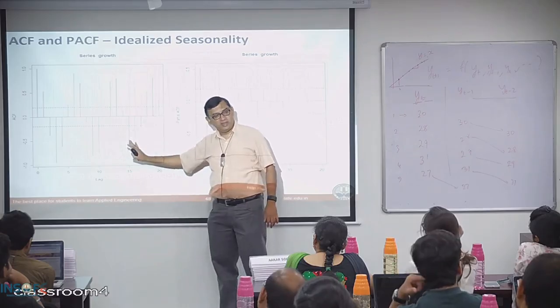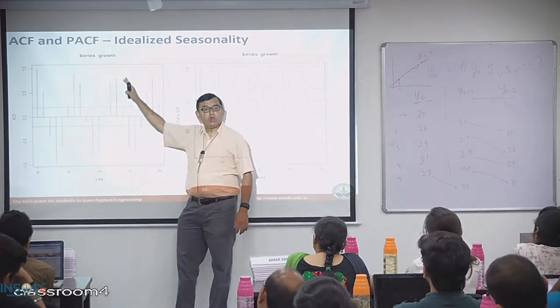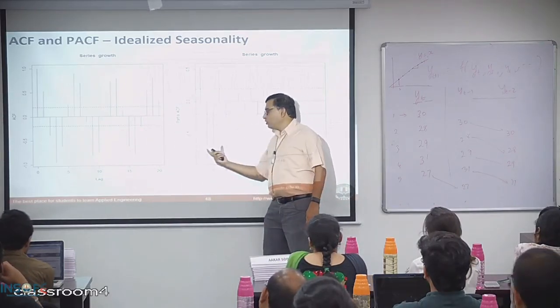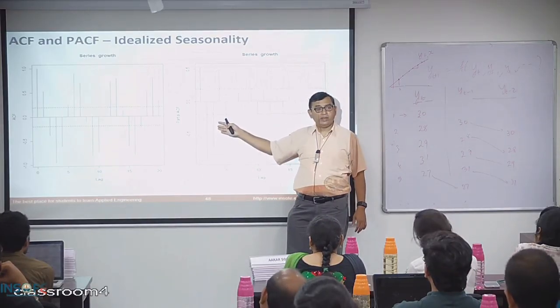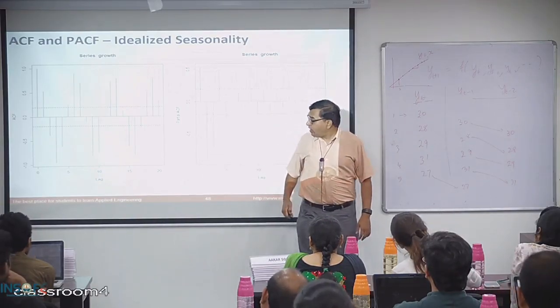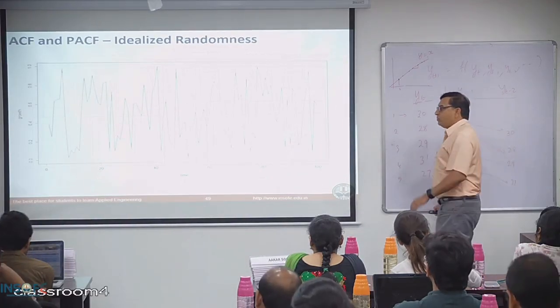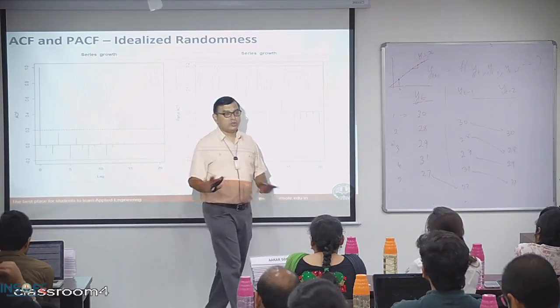Pure seasonality, you see this periodic pattern in the autocorrelation function. In the partial autocorrelation function, you see values only for about a quarter of a period, right? In the case of idealized randomness, you do not have any values that are significant at all.